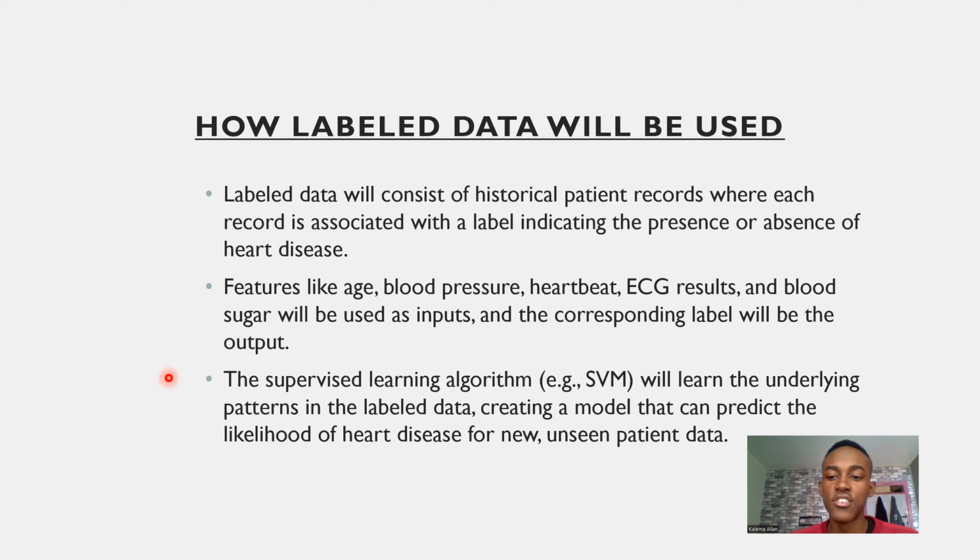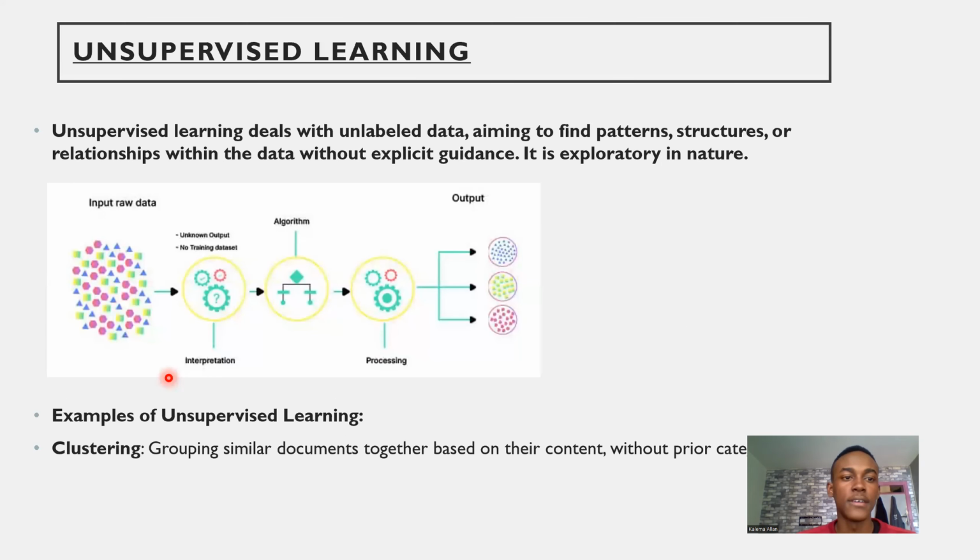The supervised learning algorithm will learn the underlying patterns in the labeled data, creating a model that can predict the likelihood of heart disease for new and unseen patient data. So under unsupervised learning, remember, unsupervised learning deals with unlabeled data, aiming to find patterns, structures, or relationships within the data without explicit guidance.